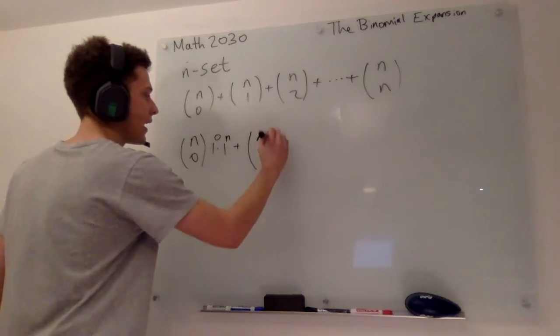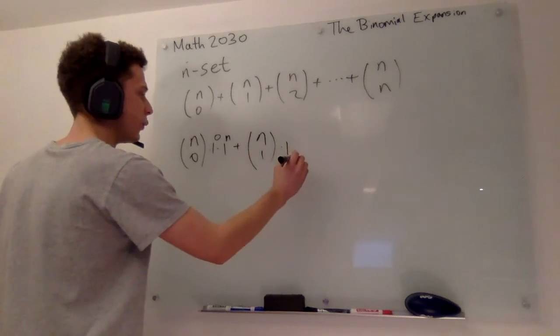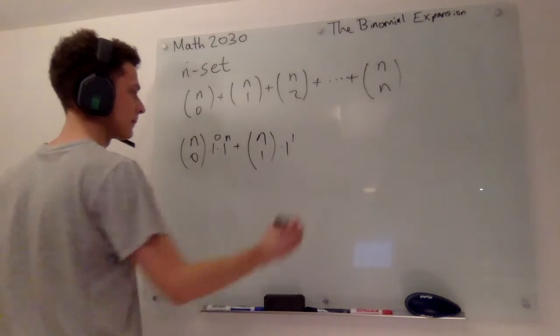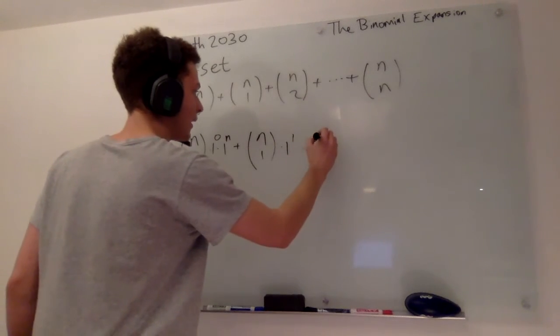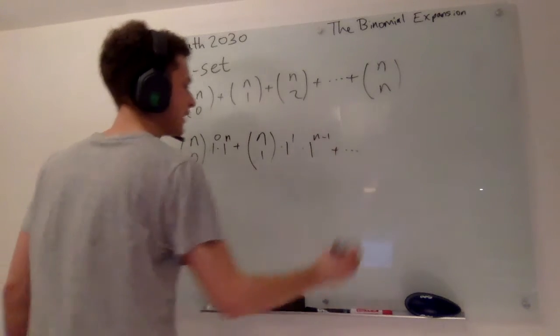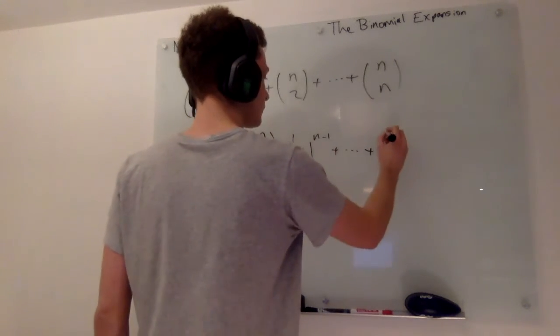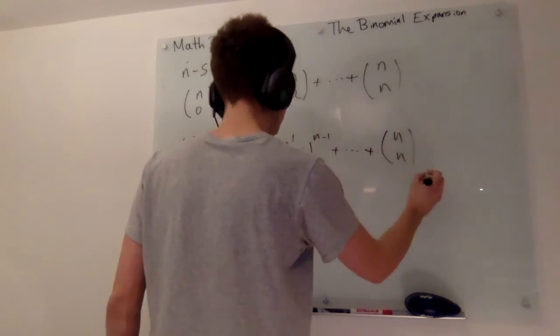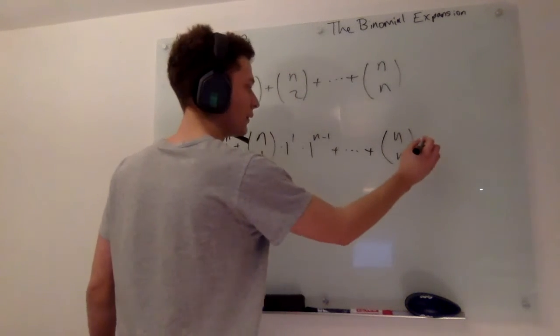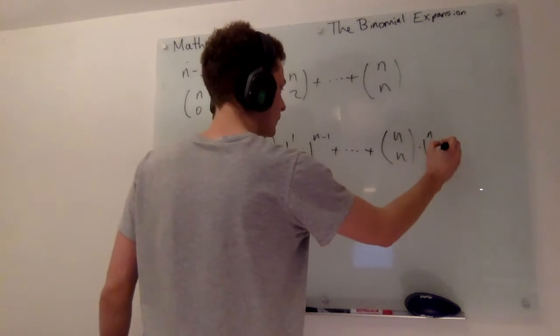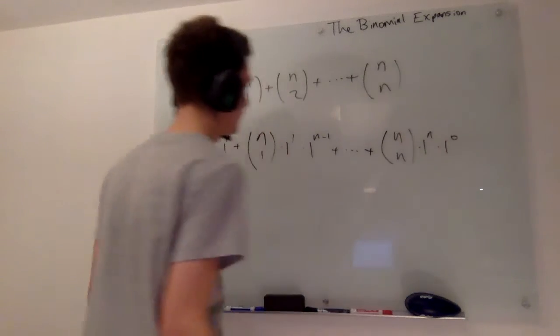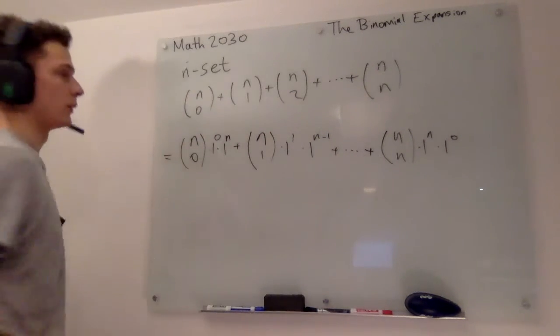So now when we have n choose 1, we have 1 to the power 1 times 1 to the power n minus 1, and so on, all the way up to n choose n, where we have 1 to the power n times 1 to the power 0. These are equal.